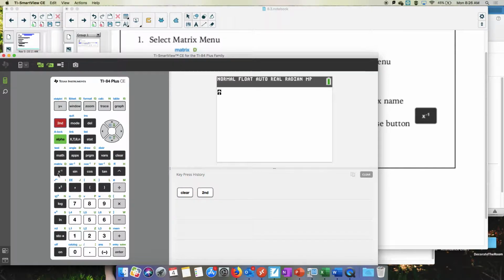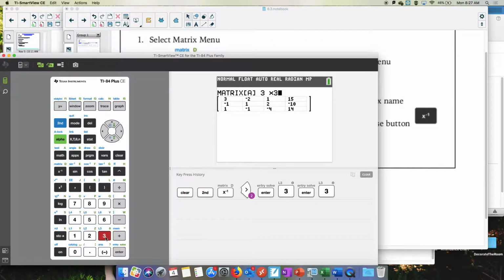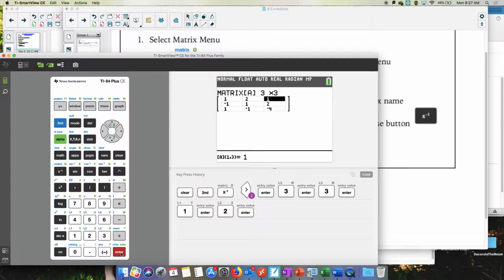We need to go to our matrix menu. Remember, second, x to the negative 1. And we need to edit our matrix. What order of matrix do you have right below? A 3 by 3. So go ahead and change matrix A to be a 3 by 3 matrix and punch in the entries.